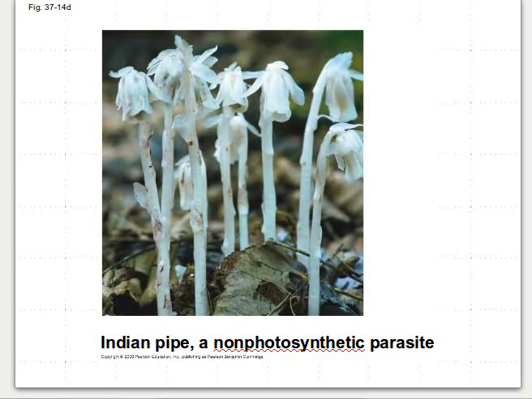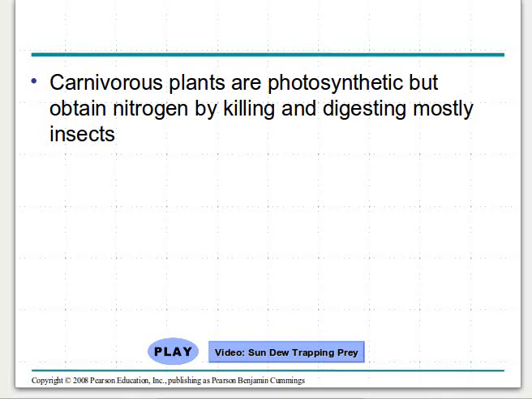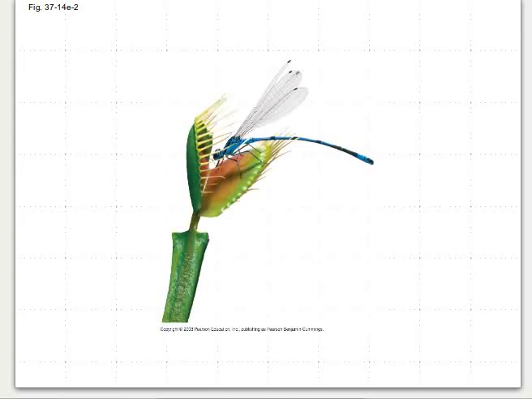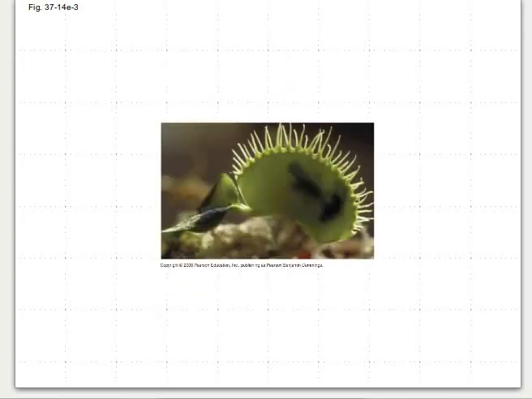And here's a non-photosynthetic parasite, so it's relying completely on its host plant instead of doing any kind of photosynthesis. And carnivorous plants, while they do undergo photosynthesis, they get a bunch of extra nitrogen by eating bugs, and so they can live in pretty nitrogen-poor areas. Venus flytrap's a classic example. Like I said, we're not going to be talking much about the carnivorous plants and the parasitic plants, but I just wanted you to be aware of the lifestyle.